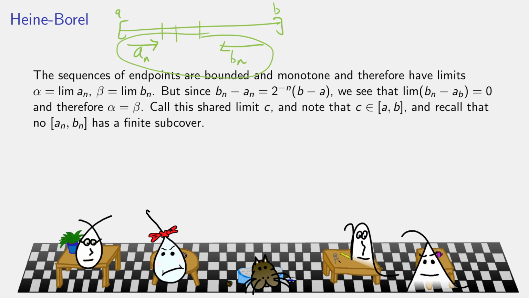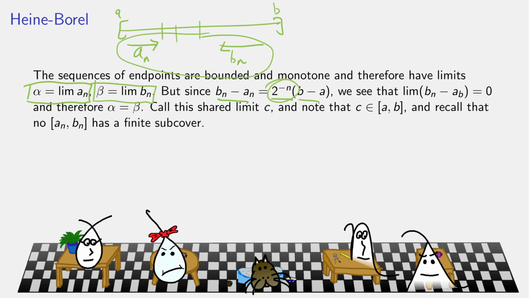And what do we know about bounded monotone sequences? They have real limits. So I'm going to call the limit of the left endpoints alpha and the limit of the right endpoints beta. But what else do we know? They're the endpoints of intervals that are shrinking by a factor of a half. So the length of that interval is 2 to the minus n, or 1/2 to the n, times the length of the original.